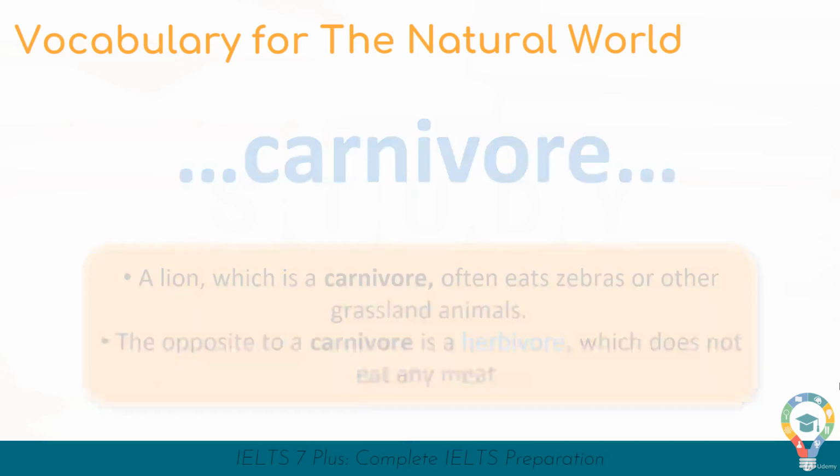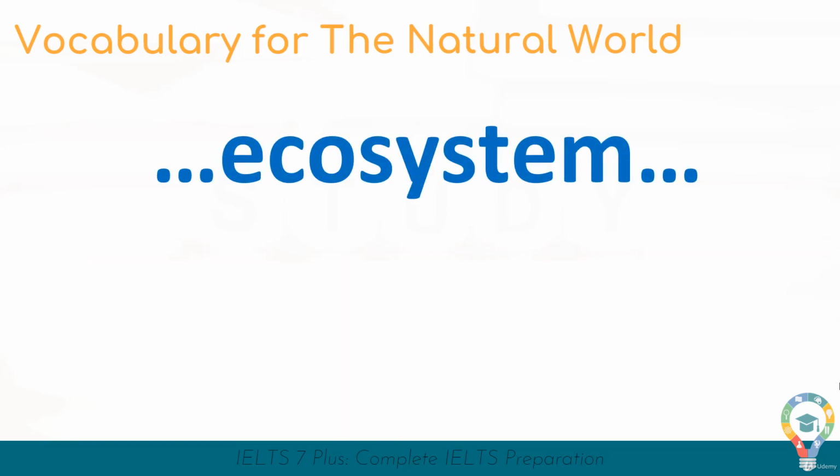Okay, next up we have ecosystem. An ecosystem is a small part of an environment that supports life. For example, a small river can be an ecosystem. There are fish and other living things that live there.